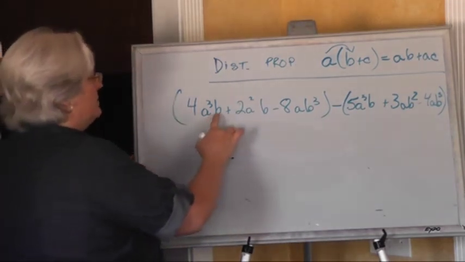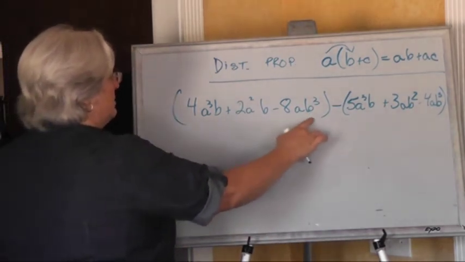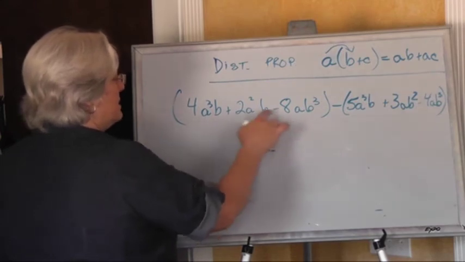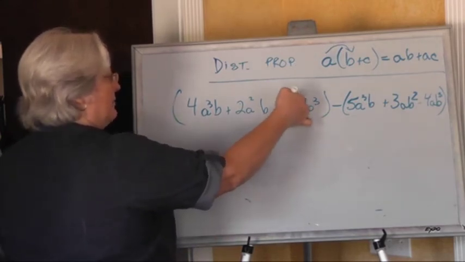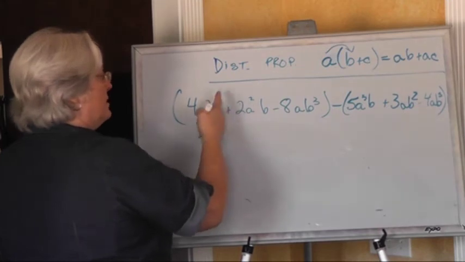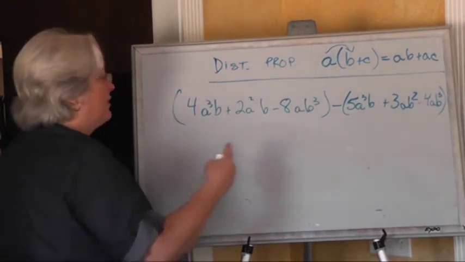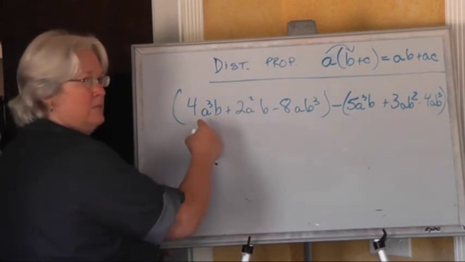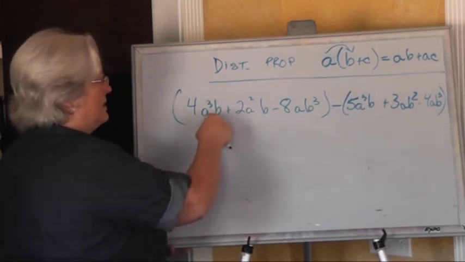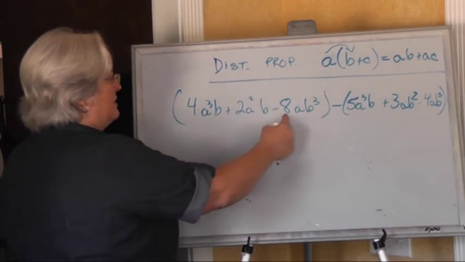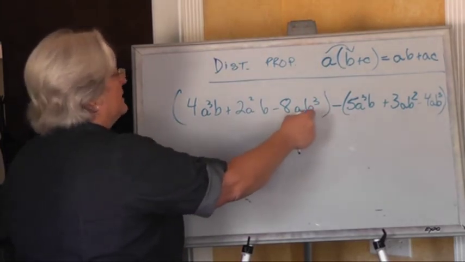Do I have any common terms here? No. This is a cubed b, ab cubed. We have an exponent of 1 and an exponent of 3, but they're on different variables. So this is actually 4 times a times a times a times b. Well, this is 8 times a times b times b times b.